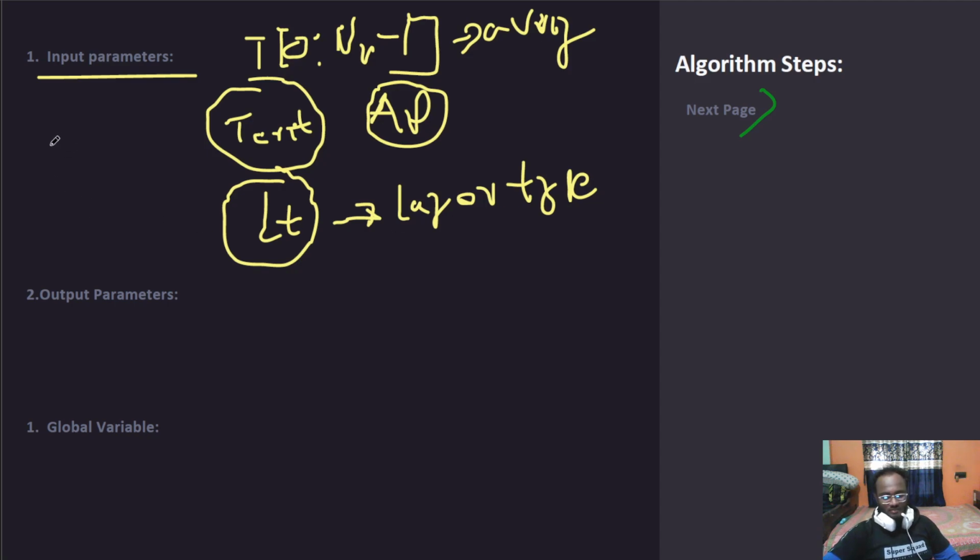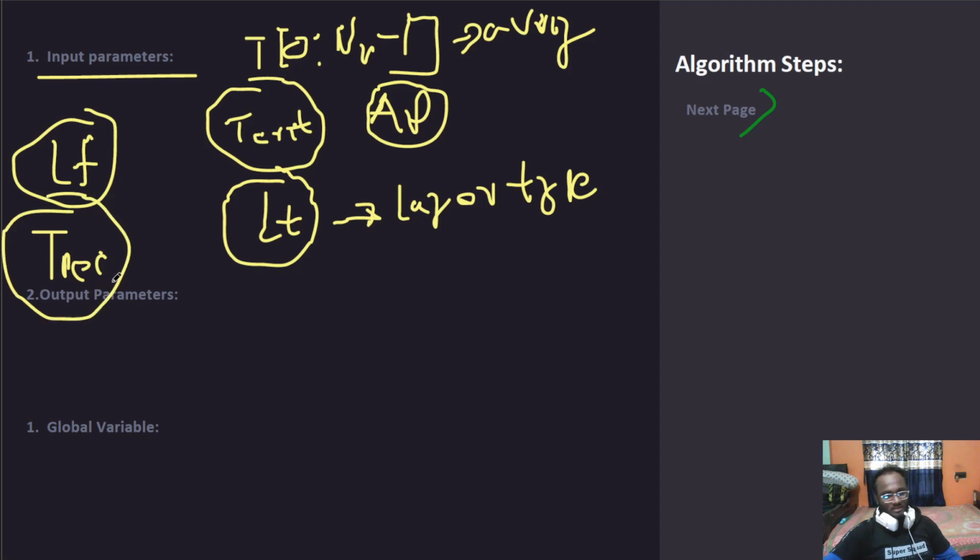After that we are using LF, the layer footprint, the memory footprint of the current DNN layer, which affects the memory usage and access patterns. We are also using T_rec, the recovery temperature, the temperature threshold below which the memory can return to an active state after the cooling down period.